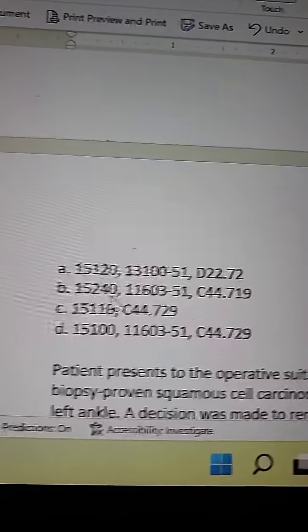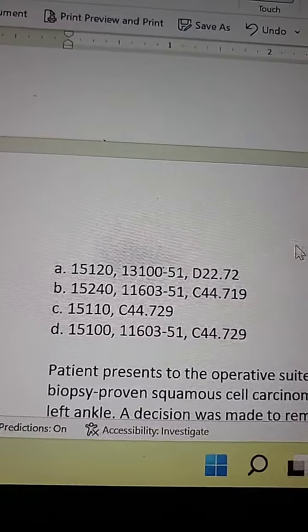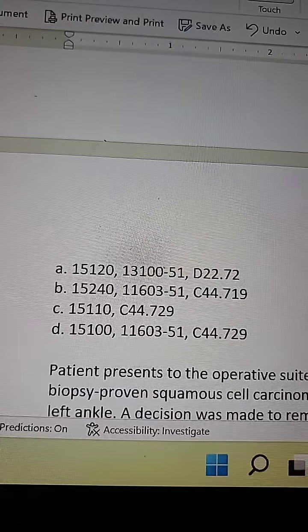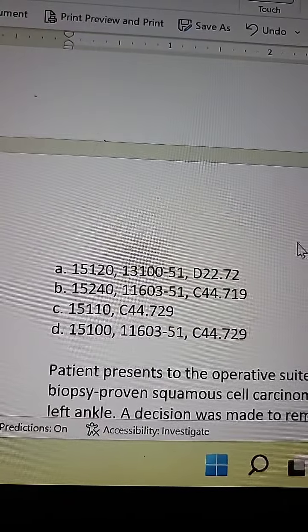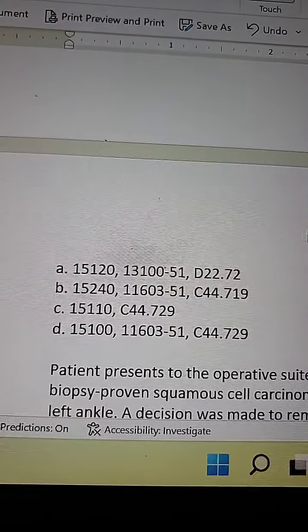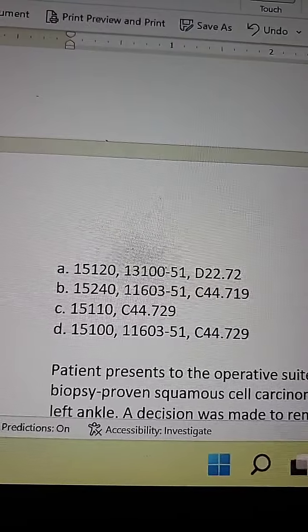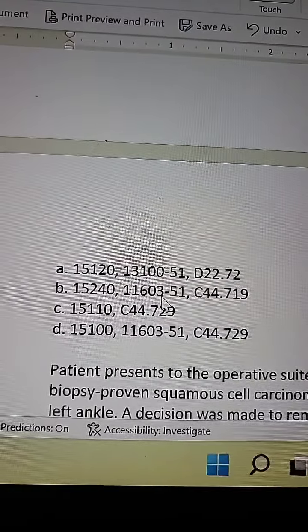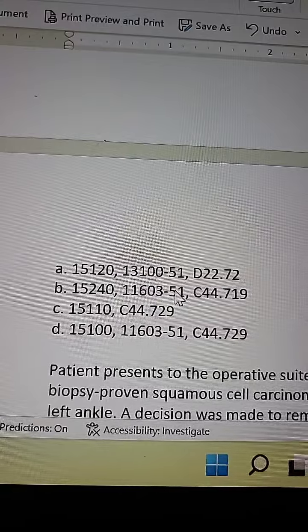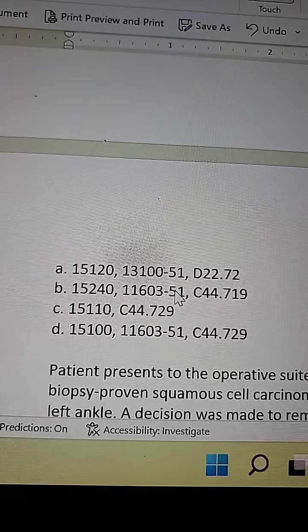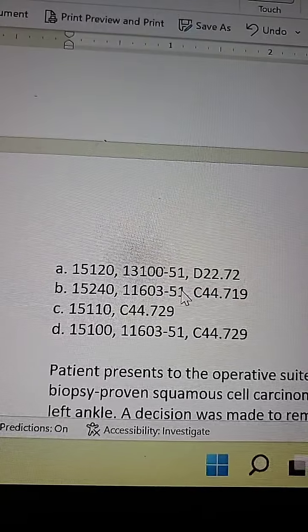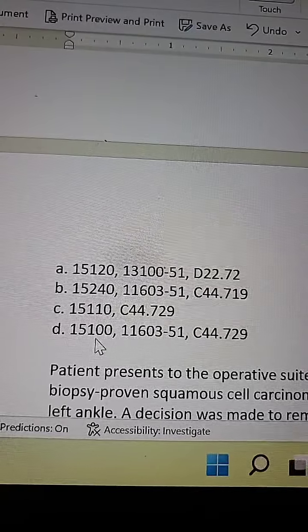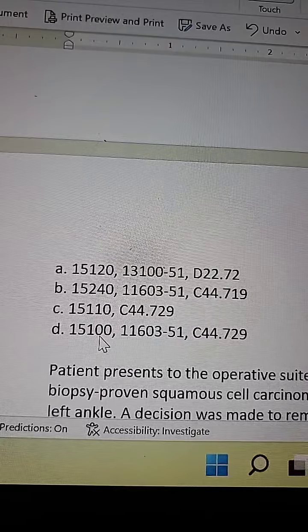All right. My difference is my 15100 is, I don't know where. Where are we at? 15100. There you are. Split thickness. Then our 10 is an autograft.